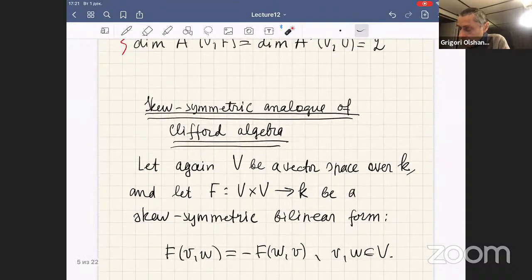So again, we take a vector space over some arbitrary field and a form, but assume that it is skew symmetric bilinear form, so it satisfies this relation. If you switch the variables, we get the minus sign.